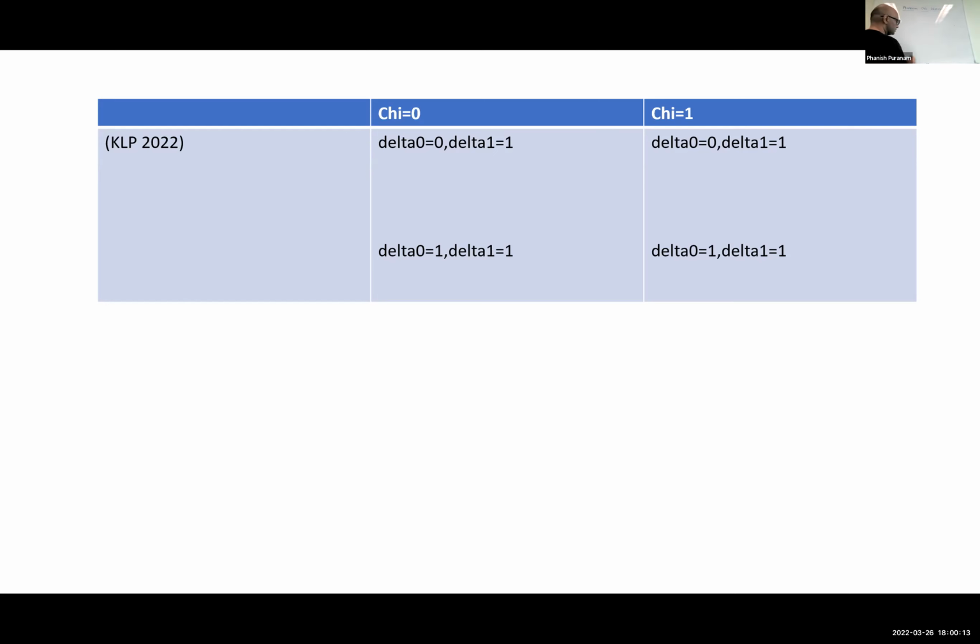So delta 0 is 0, delta 1 is 1, which means essentially you have one global peak, which is always going to be at 1. And then the rest are kind of between 0 and delta 1 equal to 1. So that's the range of the rest. And we said chi is 0.